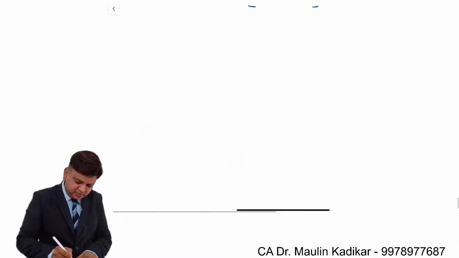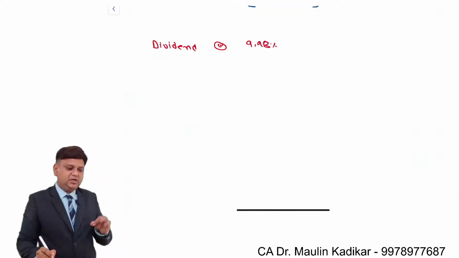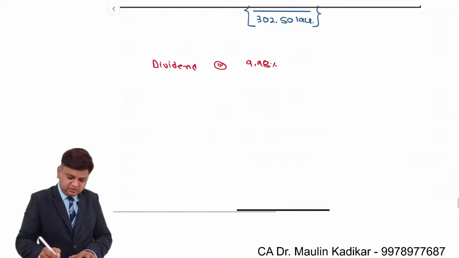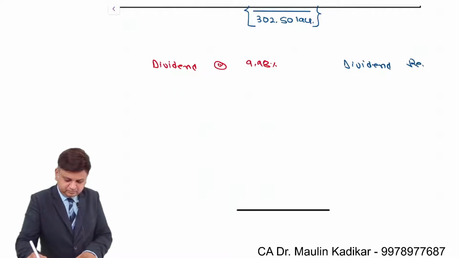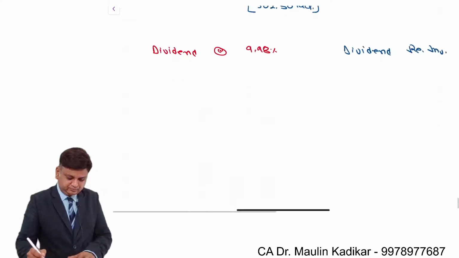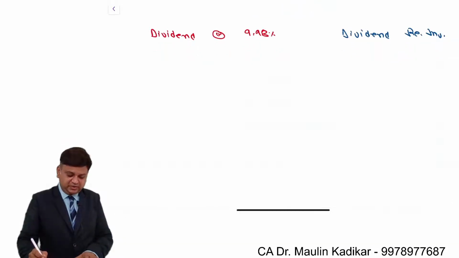So the information is provided to us regarding dividend at the rate of 9.98 percentage under dividend reinvestment plan, as on 31st of March 2021.